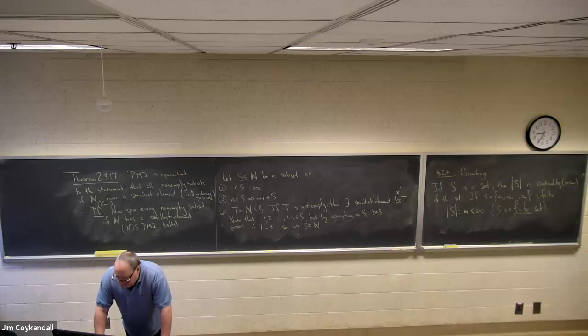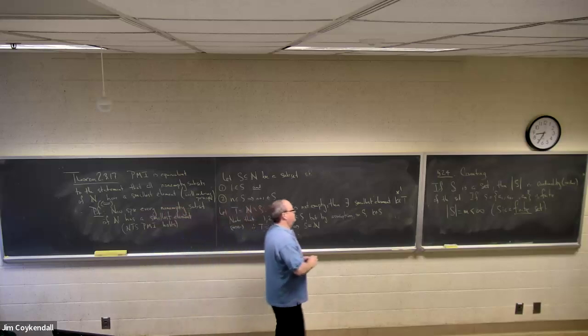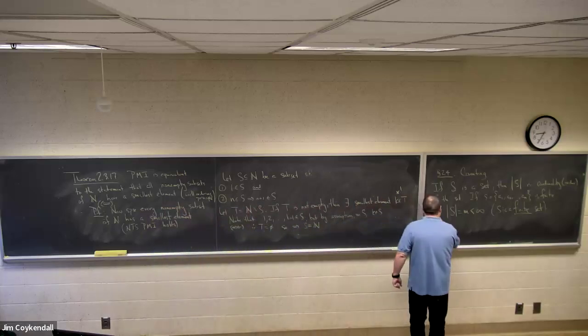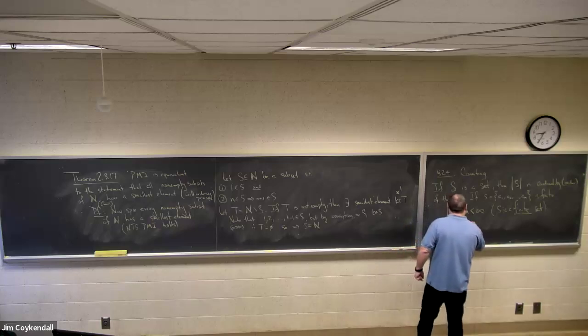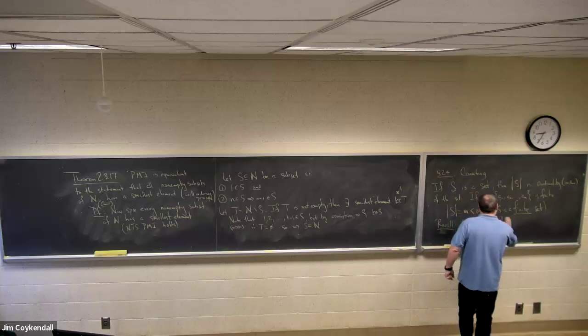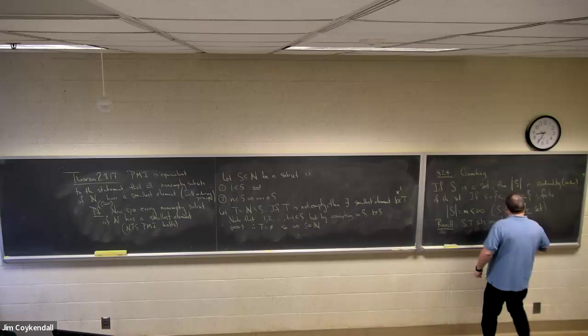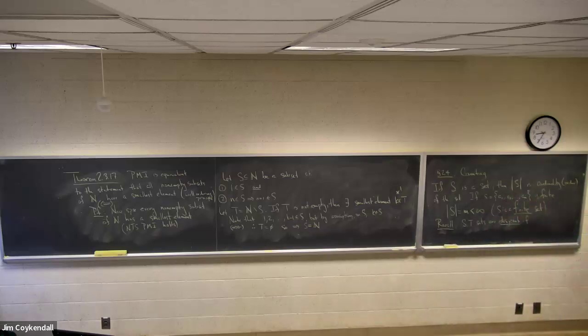Here is the first counting theorem. Let S and T be sets that are disjoint. Anybody recall what it means for two sets to be disjoint?